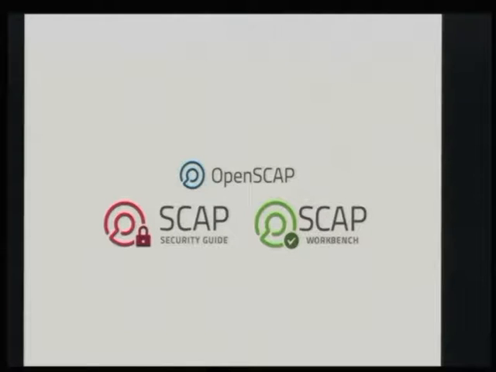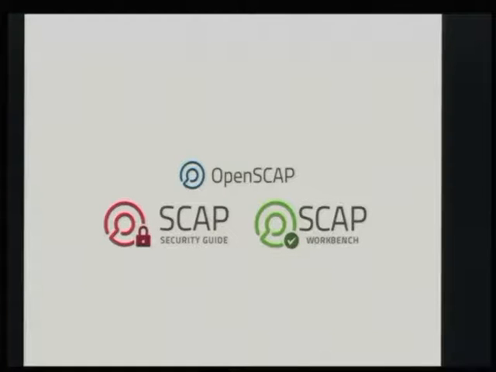Then there is SCAP Security Guide, which is content for the scanner, for the tool. It's a bunch of XML files developed in an open source way, and so it gives you some guidance how you can harden and secure your systems.